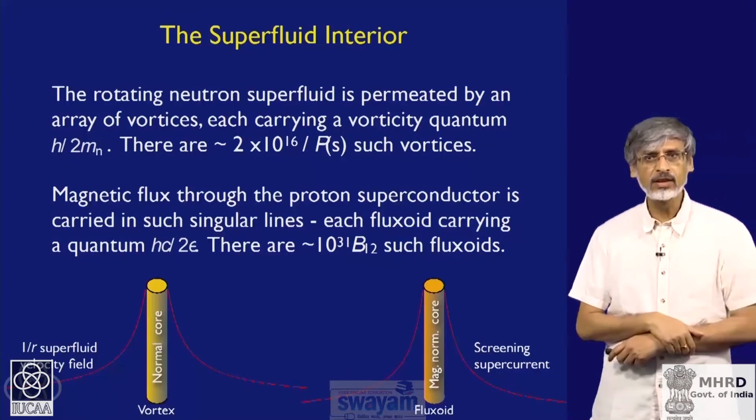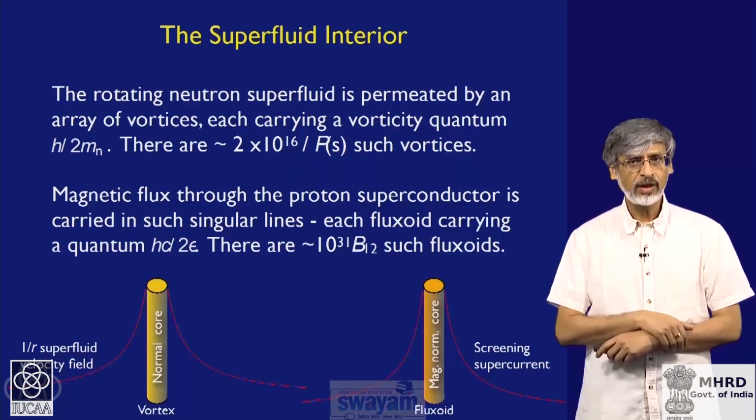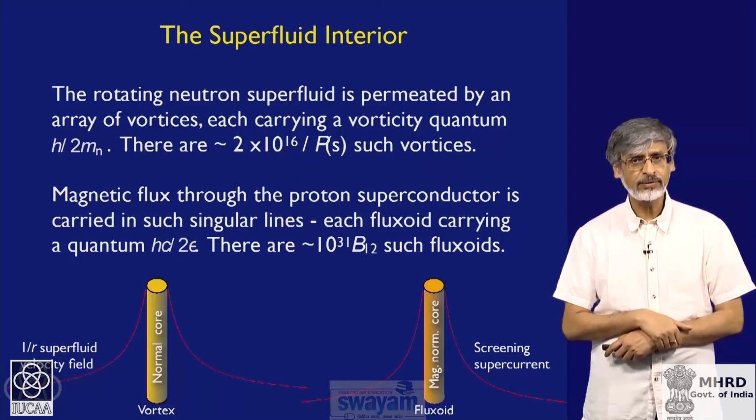So, that is the structure of the neutron star interior, where the rotation and magnetic field is carried.